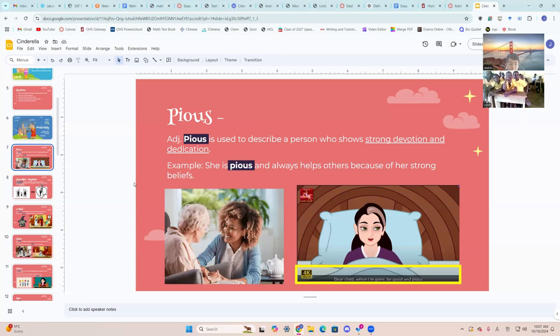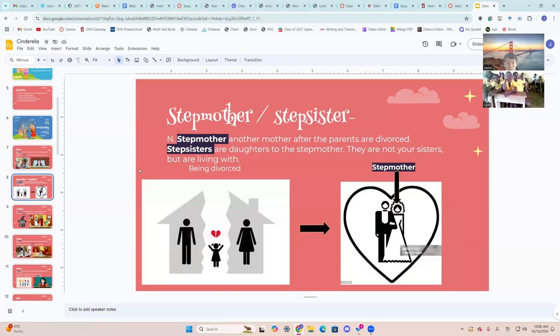Again, those are the words that we studied.